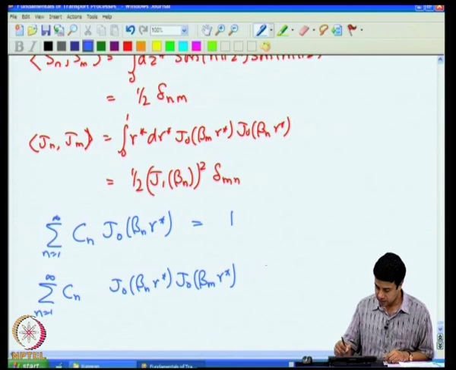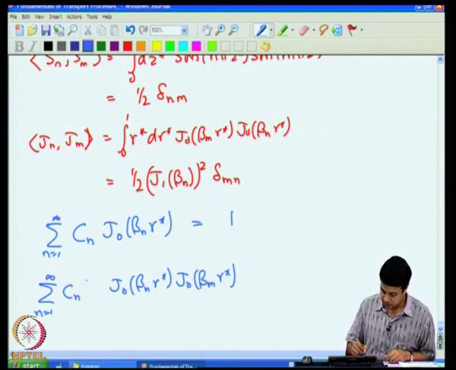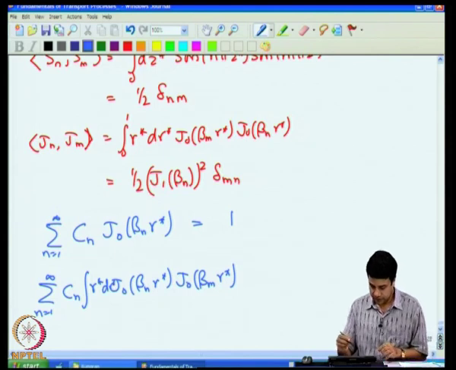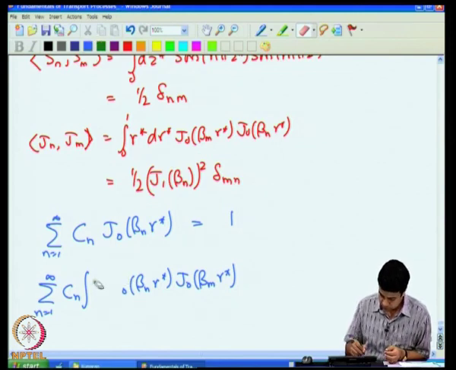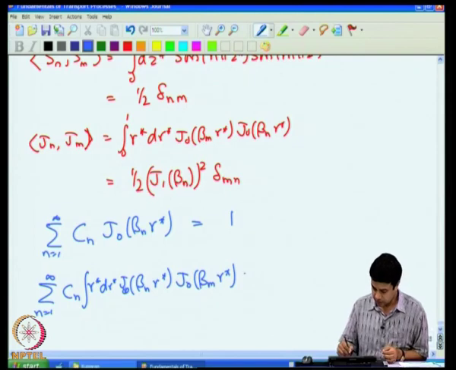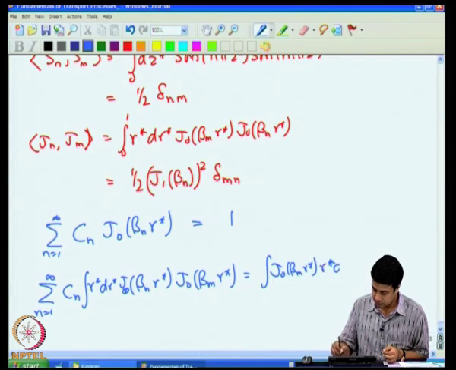And then I integrate this over r dr. This will be equal to the integral of J naught of beta m r star dr star from 0 to 1.